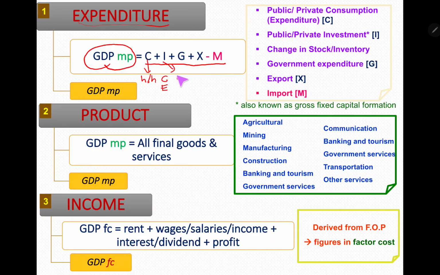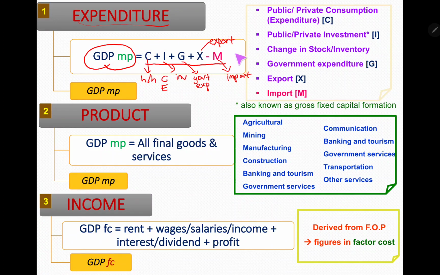I represents investment. G represents government expenditure. X represents export. Export means you sell your goods overseas. And M represents import, meaning you buy goods from a foreign country.